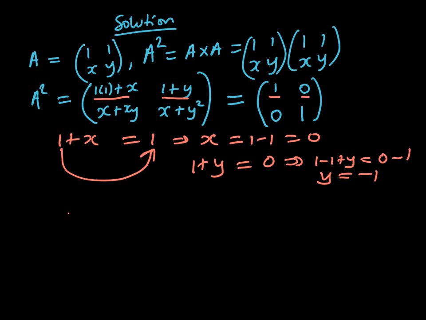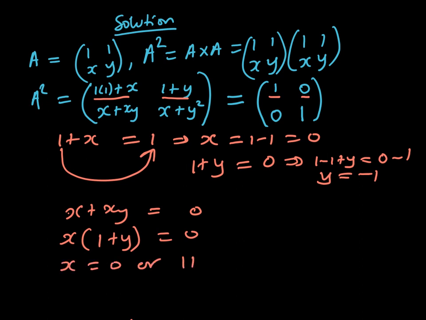You will get exactly the same thing by dealing with the lower entries, but here it is going to be x plus xy is equal to 0, or you can say x times 1 plus y equals 0. In mathematics, when you have a product of two factors equal to 0, it means that x is equal to 0 or 1 plus y equals 0, meaning that y is equal to -1.